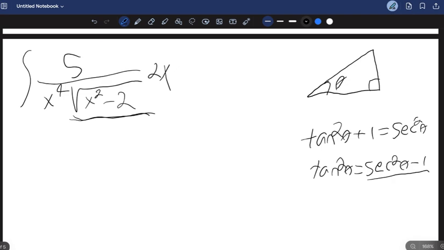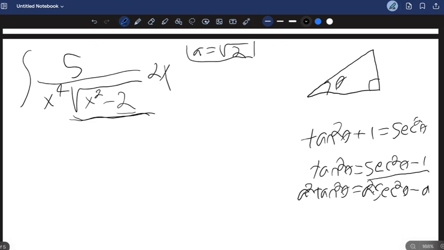But I don't have a 1, I have a 2. So what I want to do is find the square root of this constant. Say that a is equal to the square root of 2, and multiply everything in my equation by a squared. So I know that a squared tan squared theta is equal to a squared secant squared theta minus a squared.